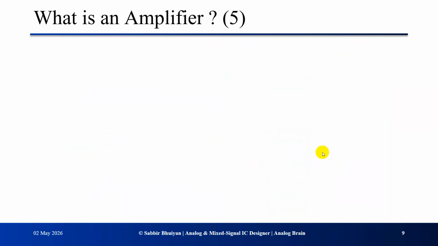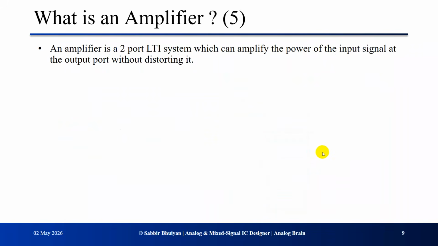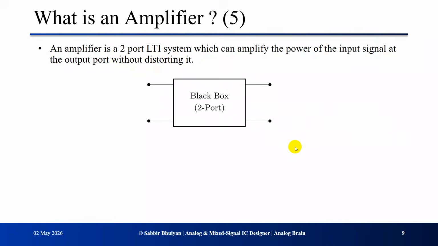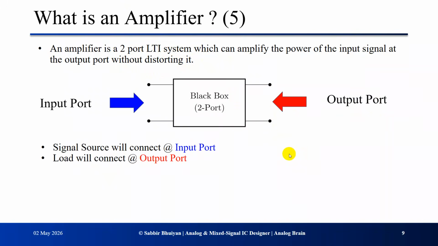So here is our definition, clean and precise. An amplifier is a two-port LTI system that can amplify the power of the input signal at the output port without distorting it. When I say it's an LTI system, a linear system, I am already mentioning without distorting it. Even if I do not explicitly mention without distorting it, it still defines the actual definition. The signal source will connect at the input port, and the load will connect at the output port.